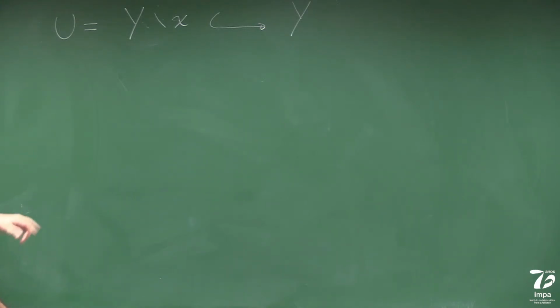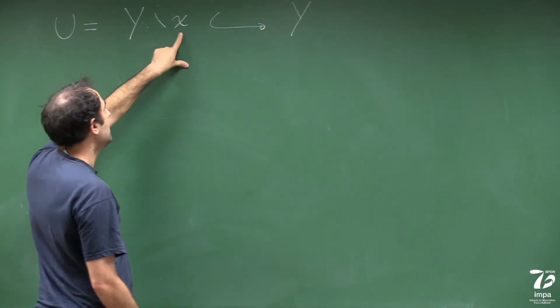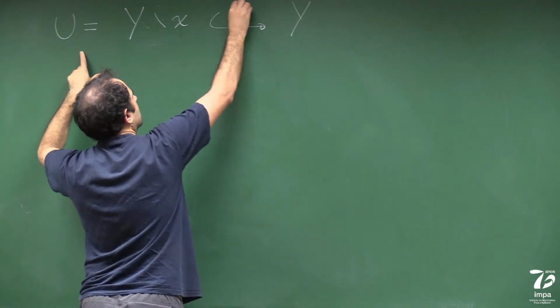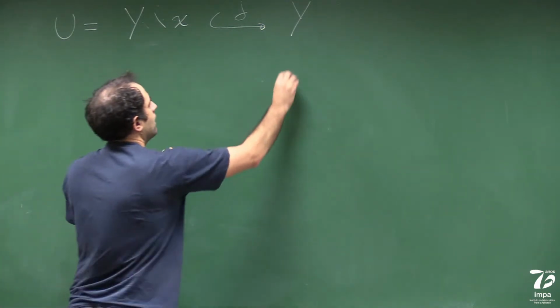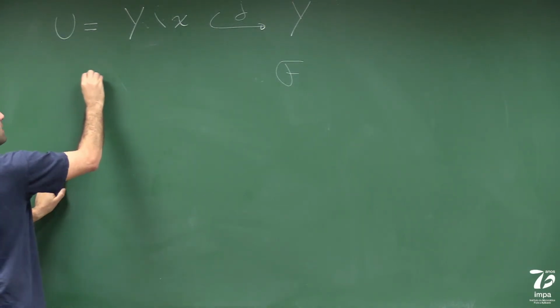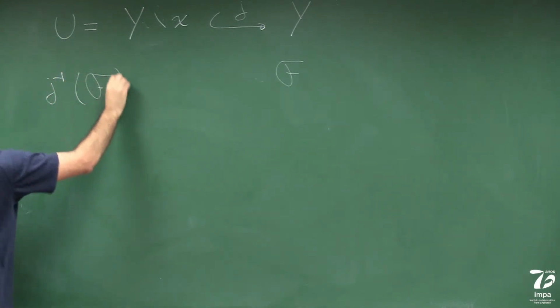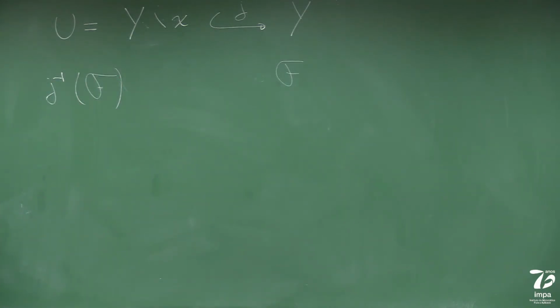So this is an open inside of Y, which is the complement of X. Let me call this inclusion j, the complement of ι. Now, if we have a sheaf on Y, I already told you how to restrict to some subspace. We have this sheaf on U. It's a well-defined sheaf on U.